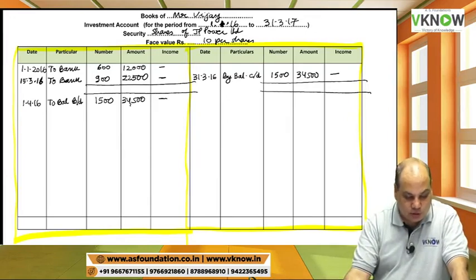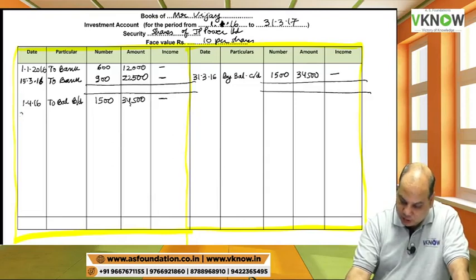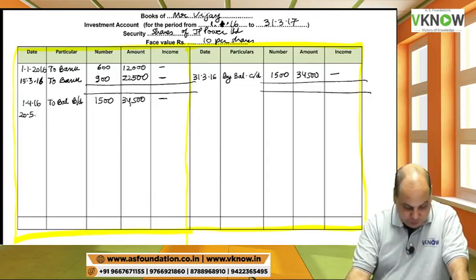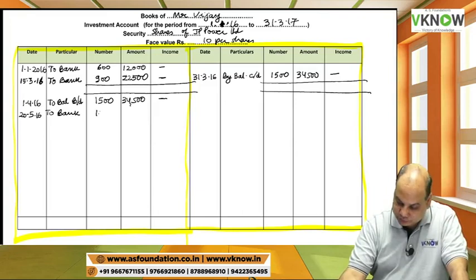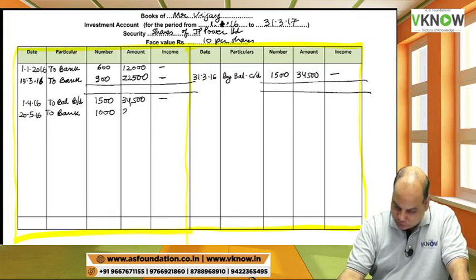You will find on 20th May 16, to bank, number write down 1000, purchased at 23, so write 23,000.